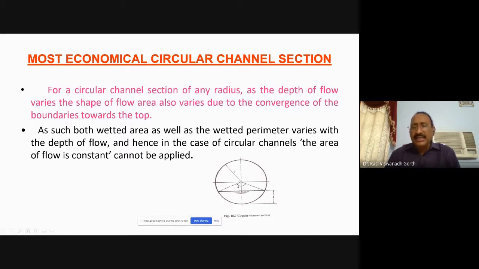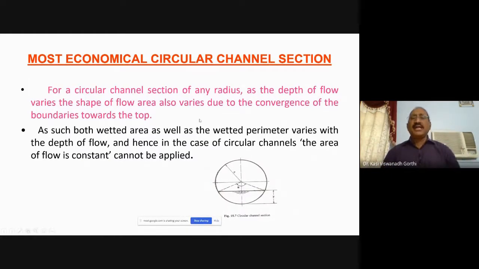Up to the center, the top free surface also is increasing. The top width is increasing as the depth of flow is increasing, but only up to the center, beyond which, as the depth of flow is increasing, there will be convergence of the boundary. That means the top width decreases.